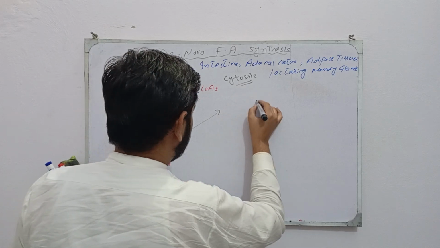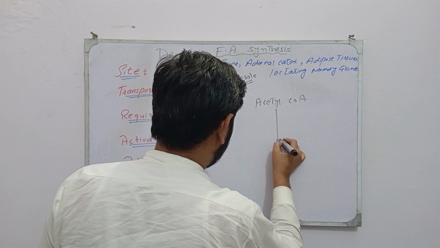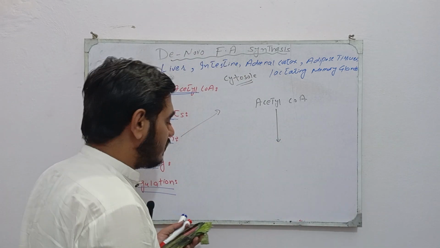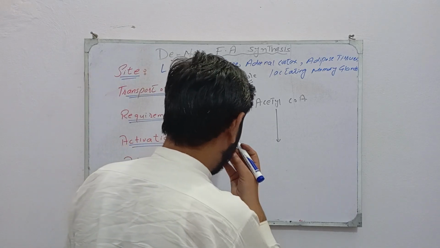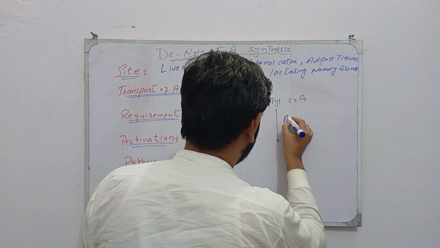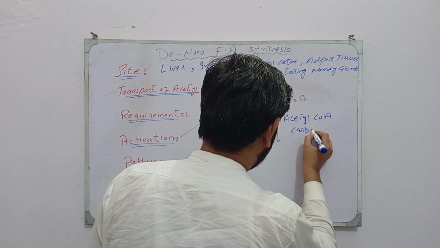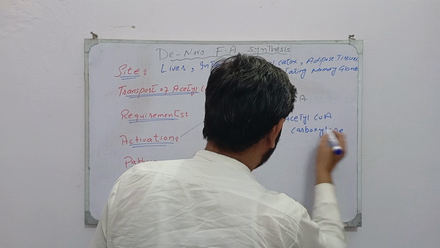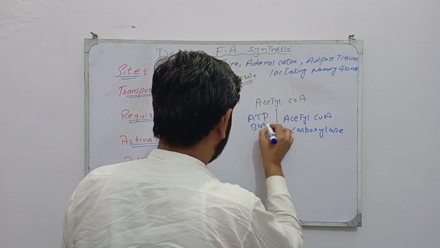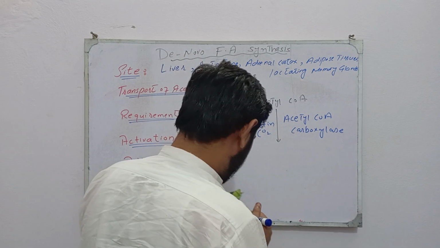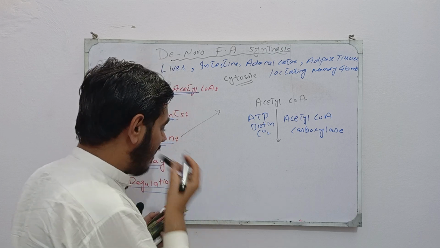Acetyl CoA, with the help of the acetyl CoA carboxylase enzyme, which requires ATP, biotin, and carbon dioxide, converts into malonyl CoA.